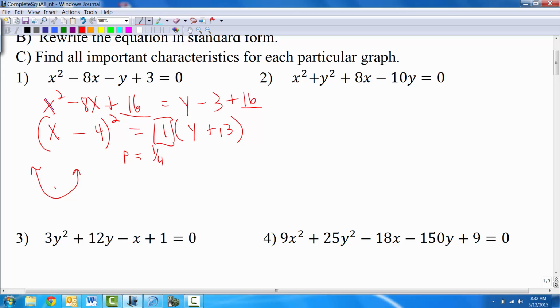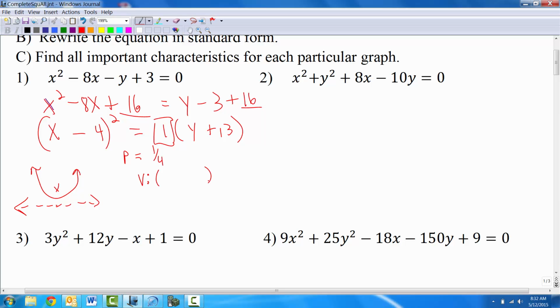Who belongs up in there? The focus. Who belongs down here? The directrix. So since I know it goes up, the table tells me which way I need to move for everything. First things first, what's the vertex? Everyone and their brother, mother, sister, parent, guardian should know this.